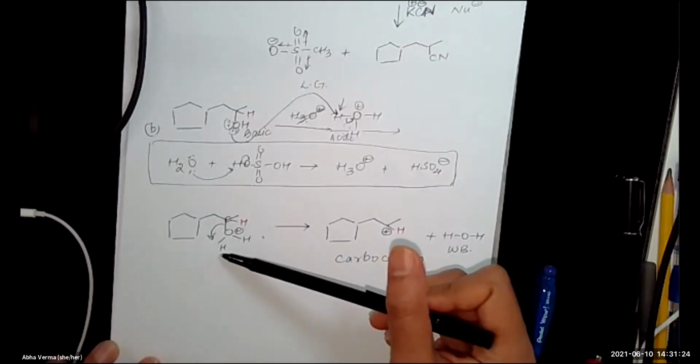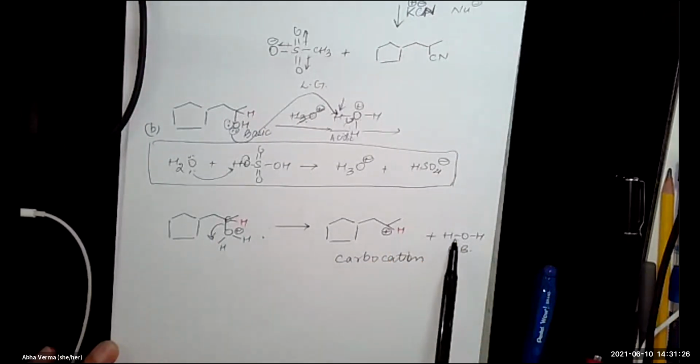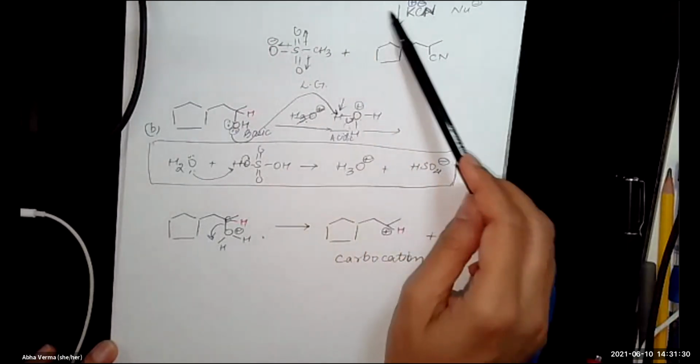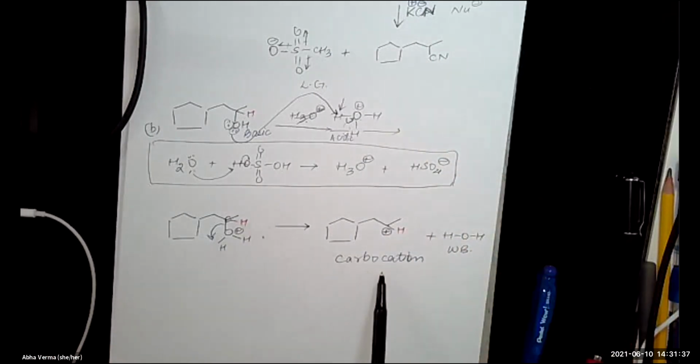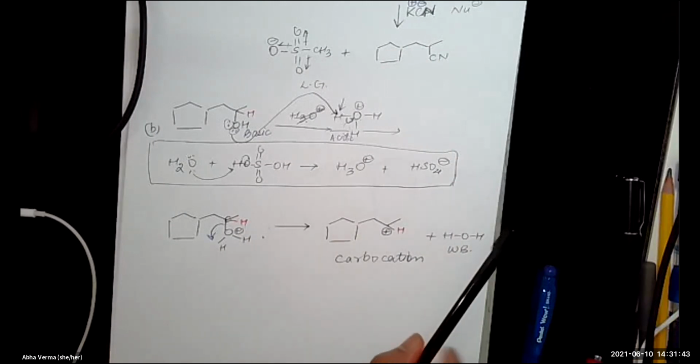Here also you have generated a good leaving group as water. So make sure that you practice these mechanisms before you come to class tomorrow, because we are going to pick up from the carbocation, which will be our 4th mechanistic arrow. Okay, very good.